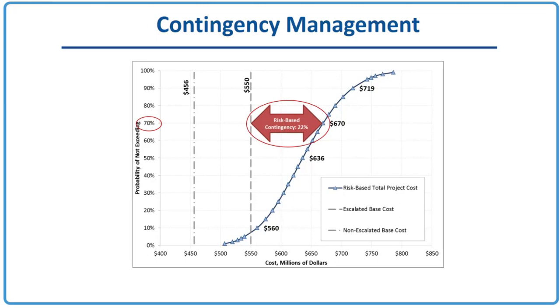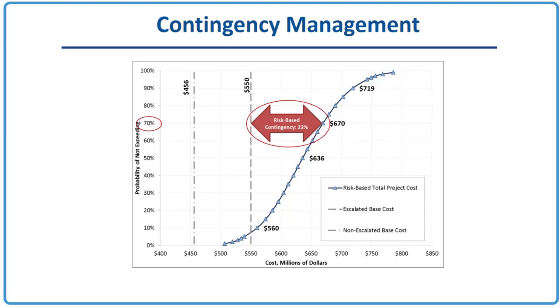All right, so contingency management. Here we have a project with the base cost of $456 million. The escalated base cost is $550 million. And then there to the right, you can see an S-curve that shows the risk-based estimates through various confidence levels.